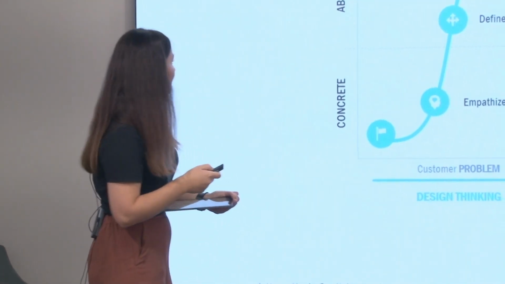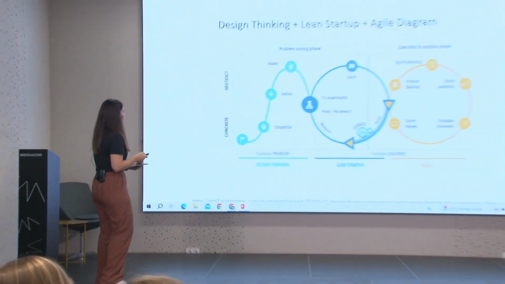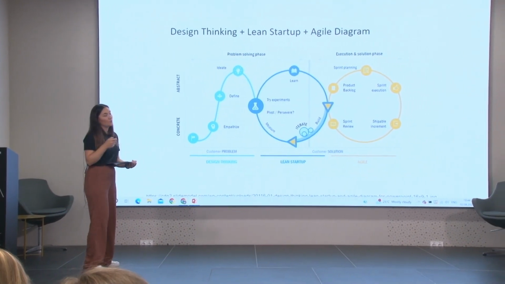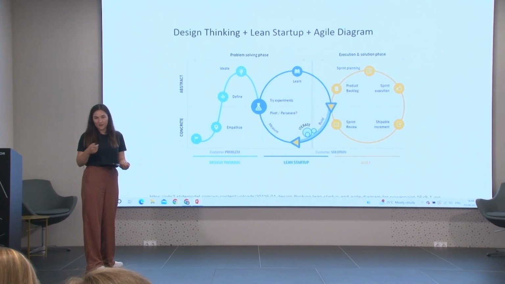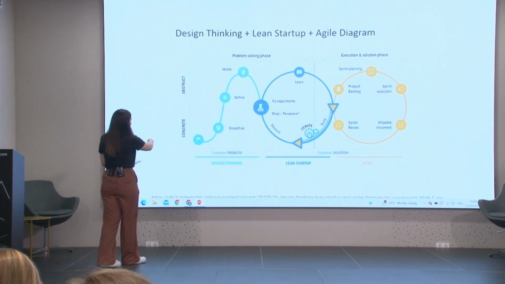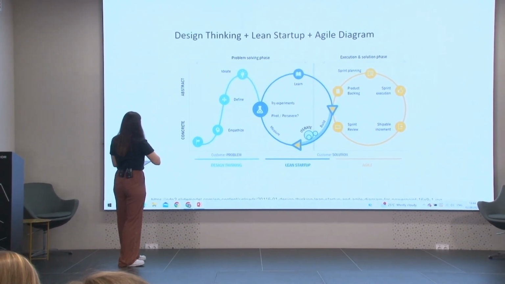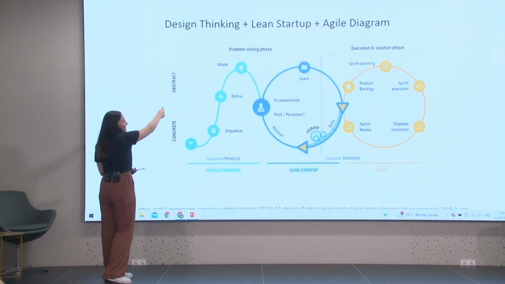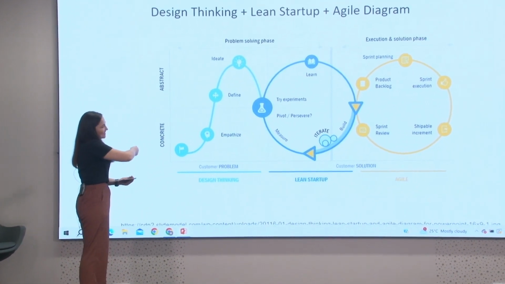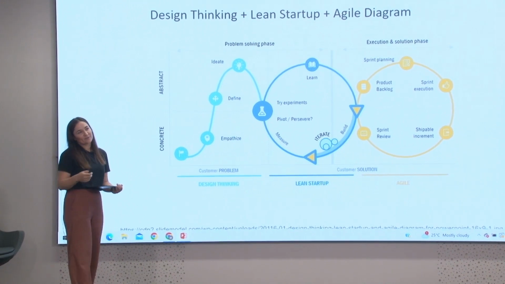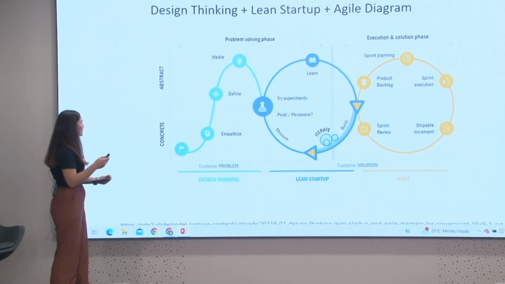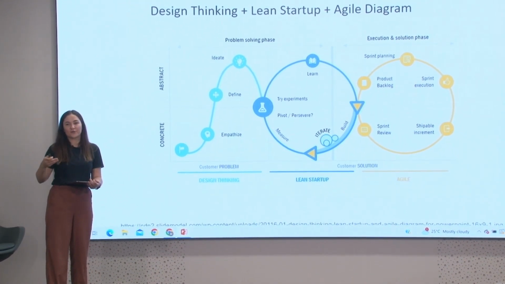And here is a very good diagram that expresses how you can combine design thinking and the lean loop. The green part is the design thinking. Here it's really about defining the problem. You empathize with the user, you find the right problem.